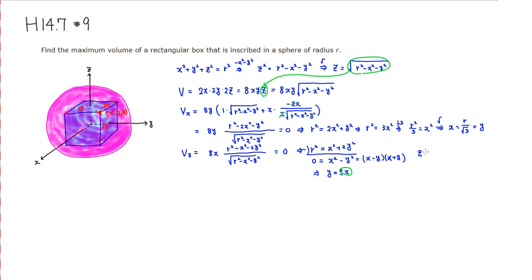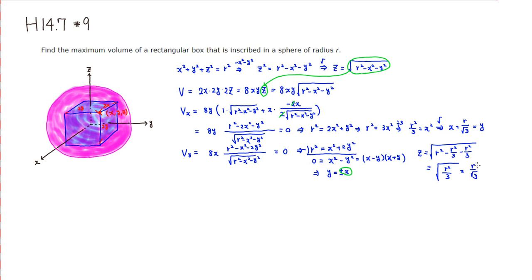The z value is going to be the square root of r squared minus r squared over 3 for x, and y is the same value, so minus r squared over 3 again. So you're going to get the square root of r squared over 3, which is r over the square root of 3.